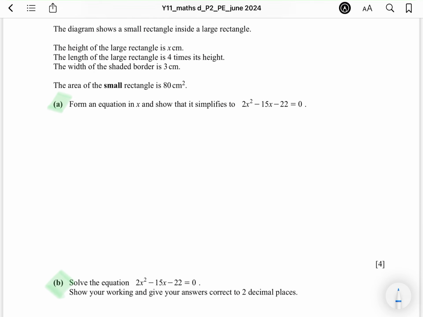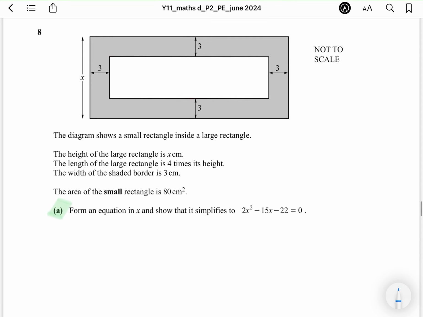Next question. The diagram shows a small rectangle inside a large rectangle. The height of the small rectangle is x. Given the length of the large rectangle is 4 times its height, so that's not given, I'm going to put 4x here for the length.